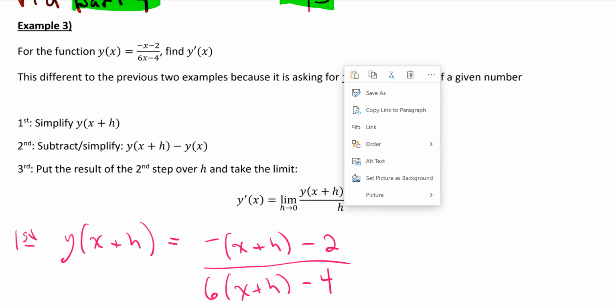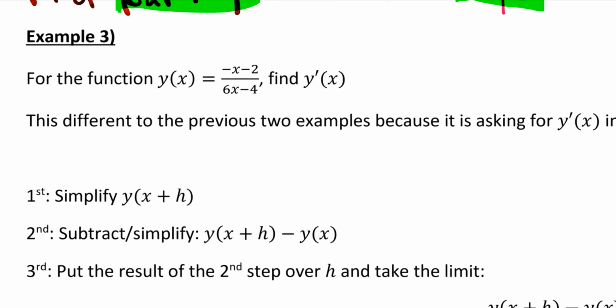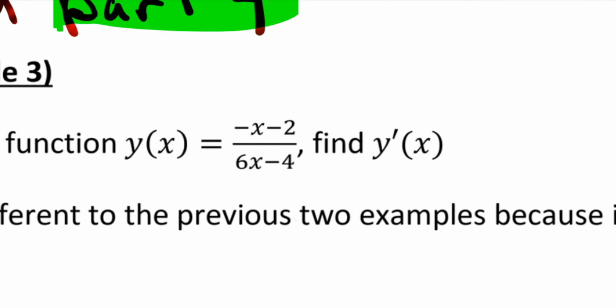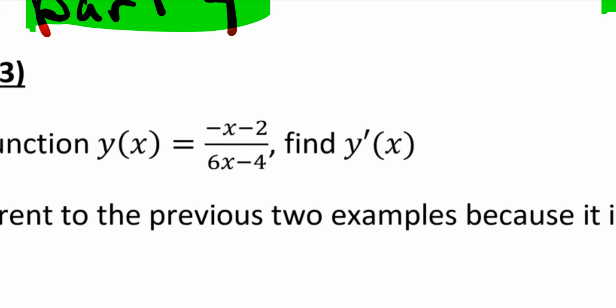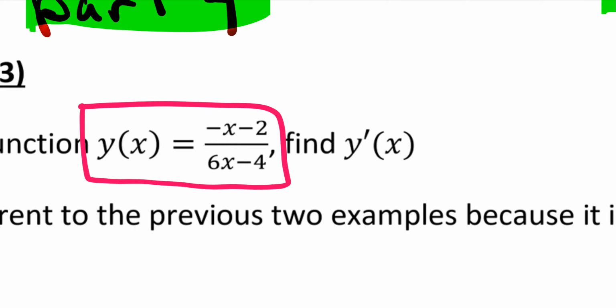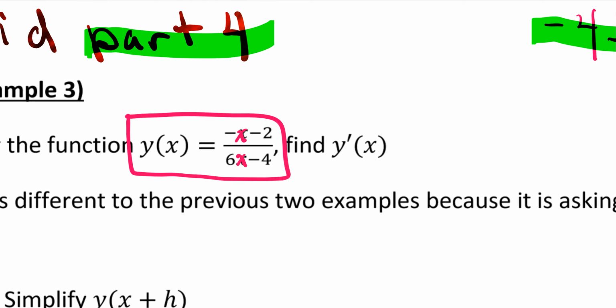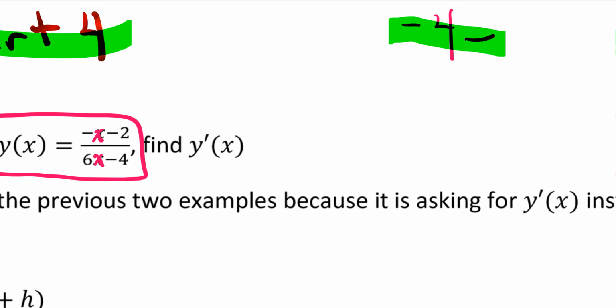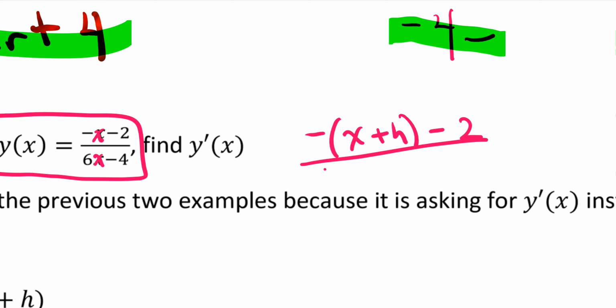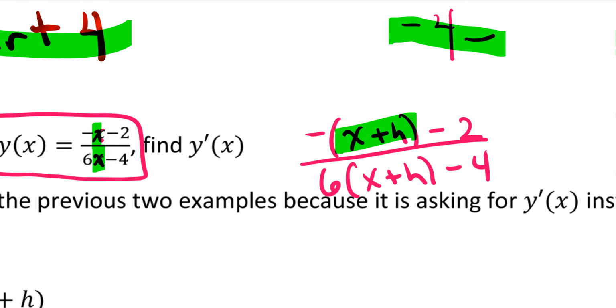That is a key and maybe the tricky step. So just to reiterate, what's going on is we have this function given to us, y of x. In it we have these two x's. Each of those needs to be replaced by x plus h. So where there were x's before, now there's x plus h's in both cases.